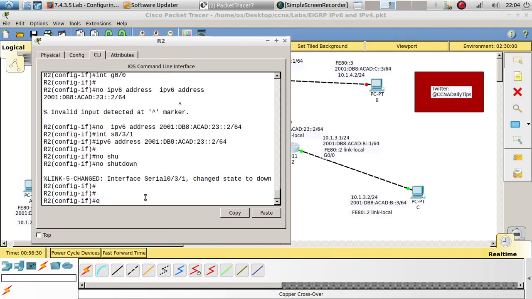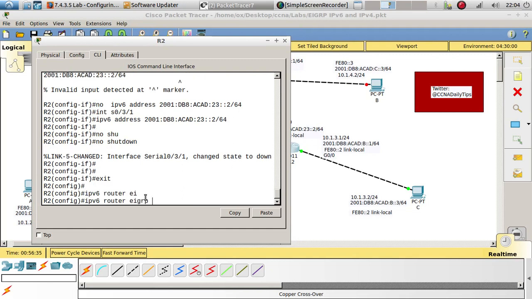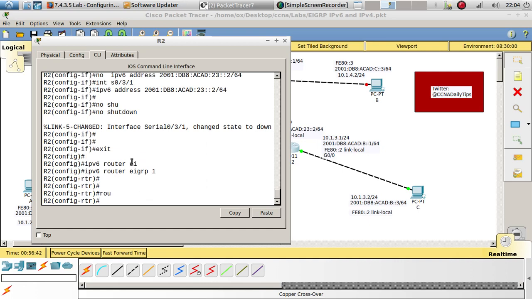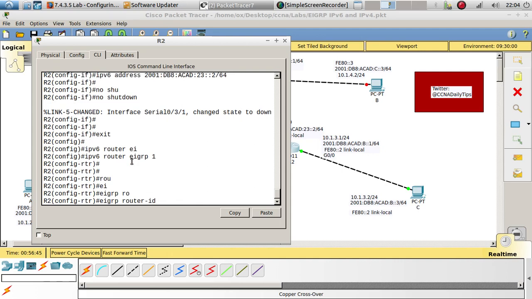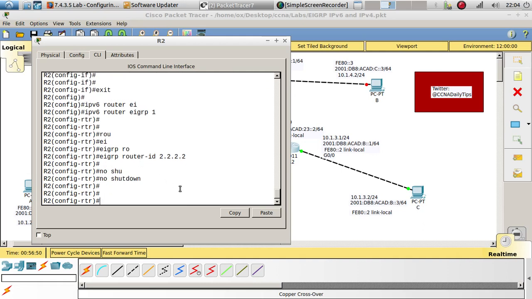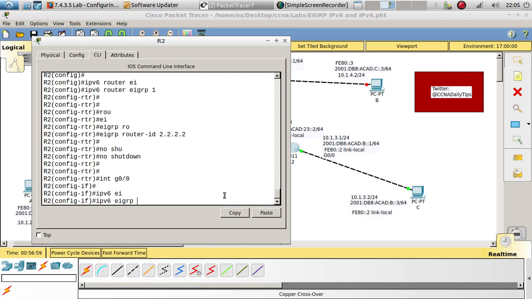What we could do now is exit, do an IPv6 router EIGRP 1, and from here do an EIGRP router ID 2.2.2.2. Now no shutdown, and let's go to interface gigabit 0/0, IPv6 EIGRP 1.